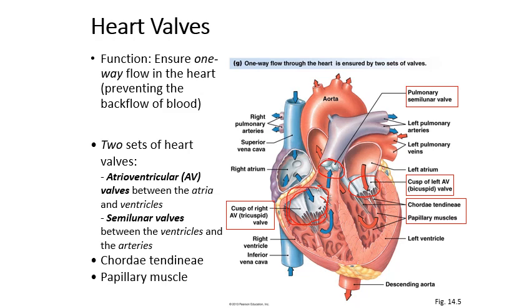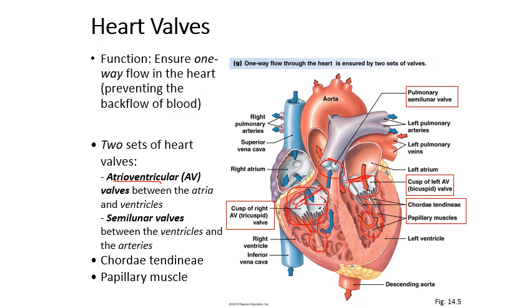Okay, if you remember, the AV valves have these chordae tendineae with the papillary muscles. It ensures one-way flow. It is the pressure, the blood trying to push back against them, that will close these valves.